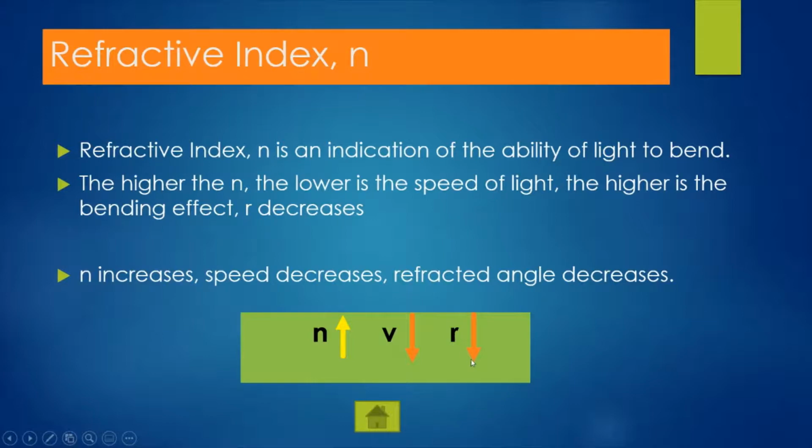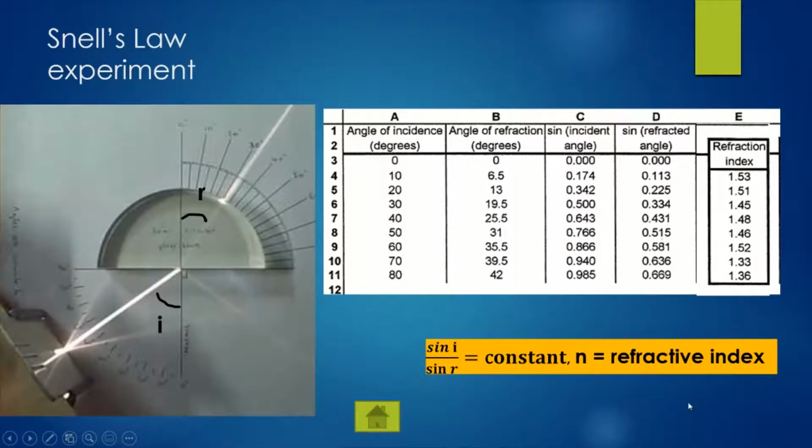So as refractive index increases, speed decreases and the refracted angle decreases. Okay, let's look at this experiment called the Snell's law experiment. We will need a ray box, a glass block, and of course a ruler and protractor.